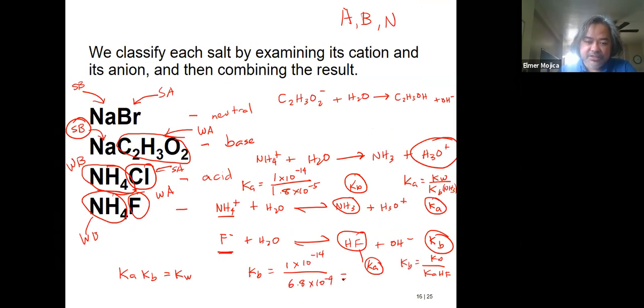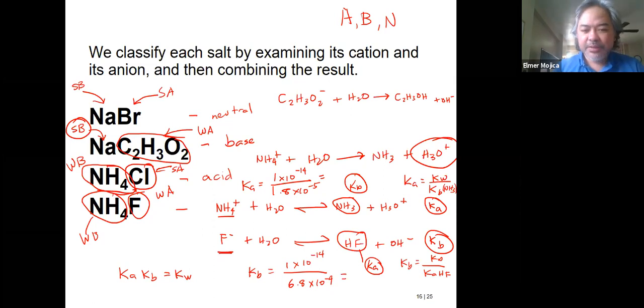So I want you to get the corresponding Ka and Kb for them. Because that's the only way for you to determine the acidity of your ammonium fluoride. So 1 exponent negative 14 divided by 1.8 exponent negative 5.